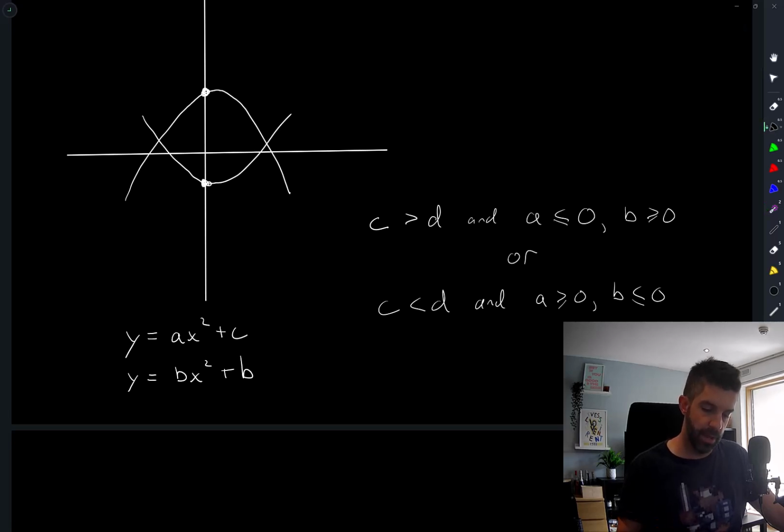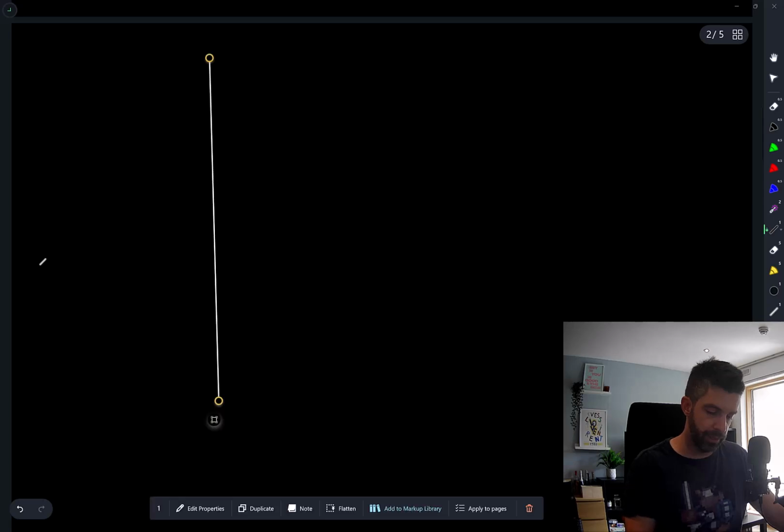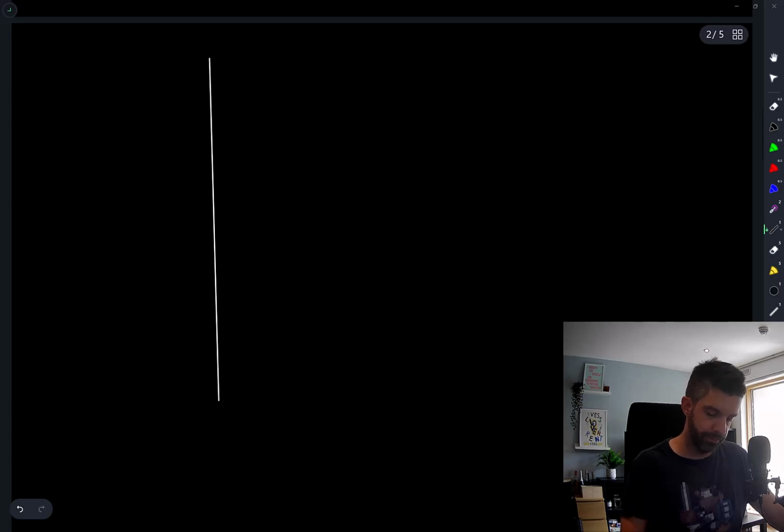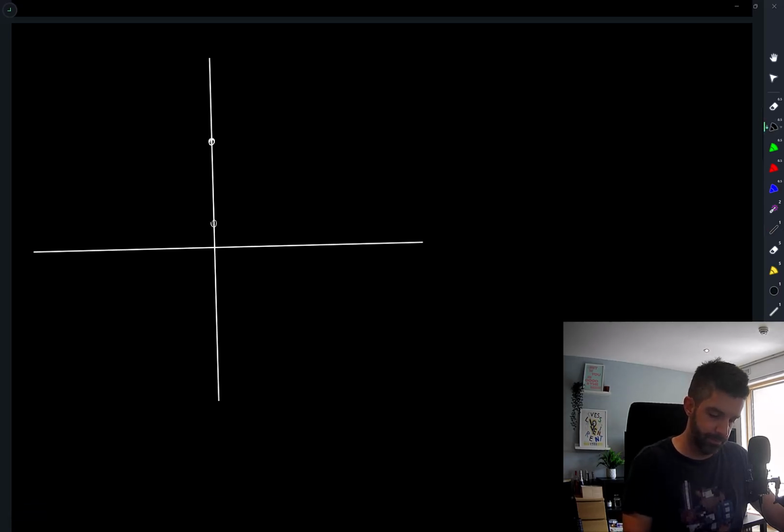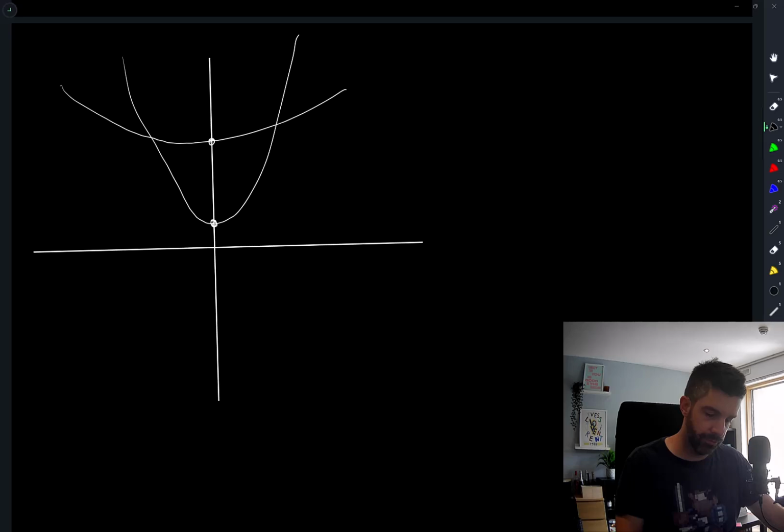Okay. The other visual way that these things can intersect is one parabola looks like this and the other looks like this. So when does this happen?